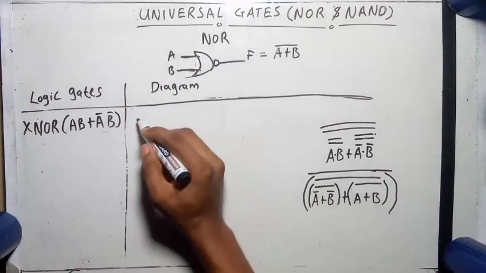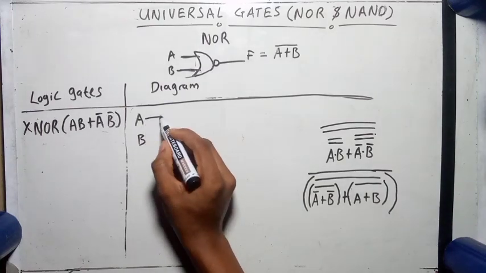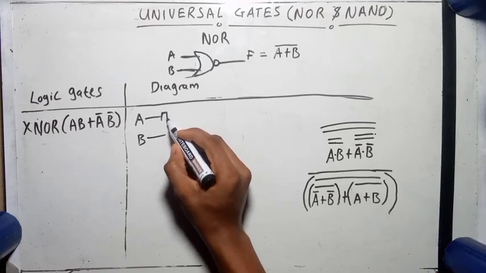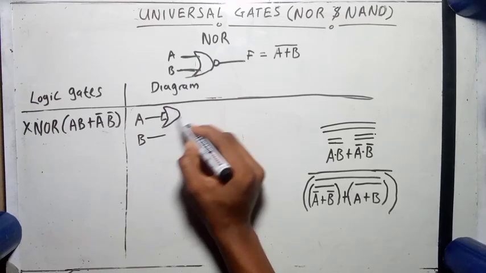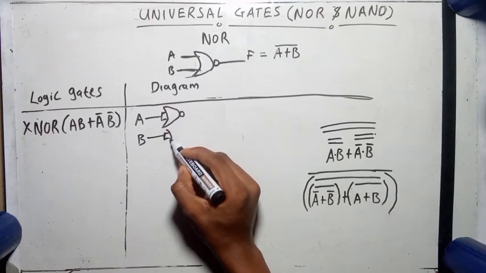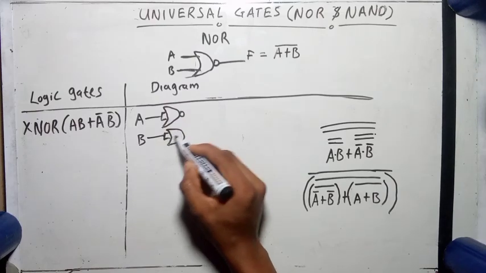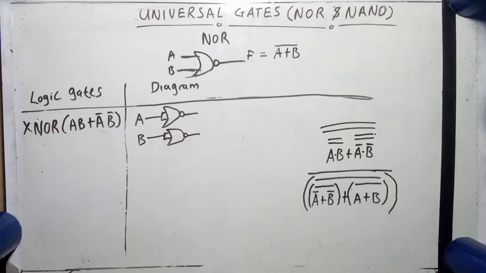Now, for the first one, we have our A and our B. We negate them. Remember, we're already using NOR to negate and not our normal inverter sign.